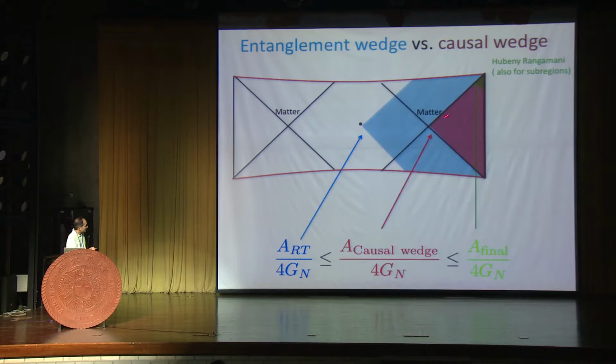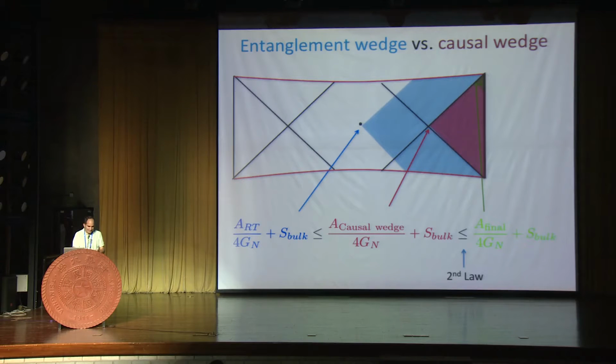Now, this region, which is the region that is causally accessible from the boundary, so all points that can both receive a signal and send signals to the boundary, is called the causal wedge. And this can be defined not only for these wormholes, but also for sub-regions. Here I'm just drawing this wormhole case because it's simpler to draw. And so in this case, there are these three different areas, and it's tempting to think that they should be associated to three different entropies.